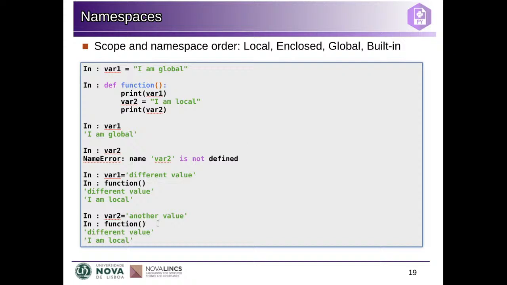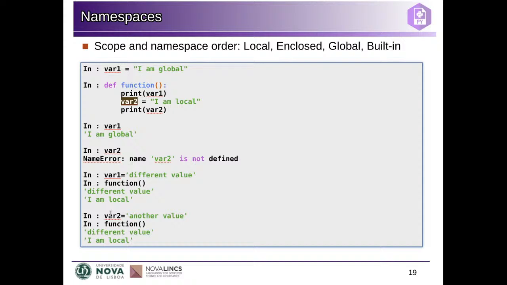This is very useful, having these separate namespaces, because if you have a variable called var2, this will now be a global variable. So this is a variable named var2. We created it with this string, another variable. And now when we call the function, this variable var2, I am local, will be created inside the function, in the local namespace.